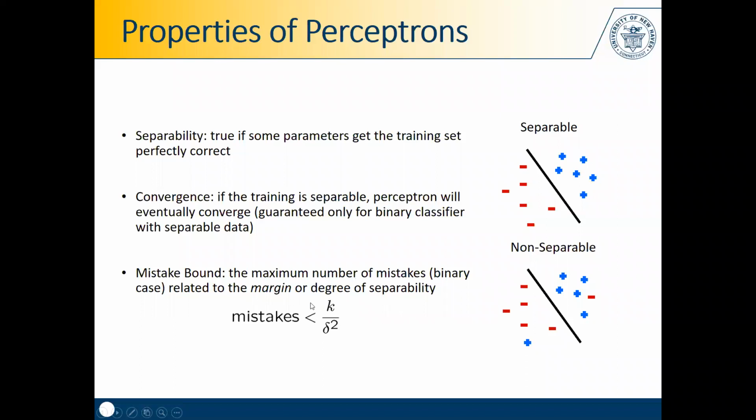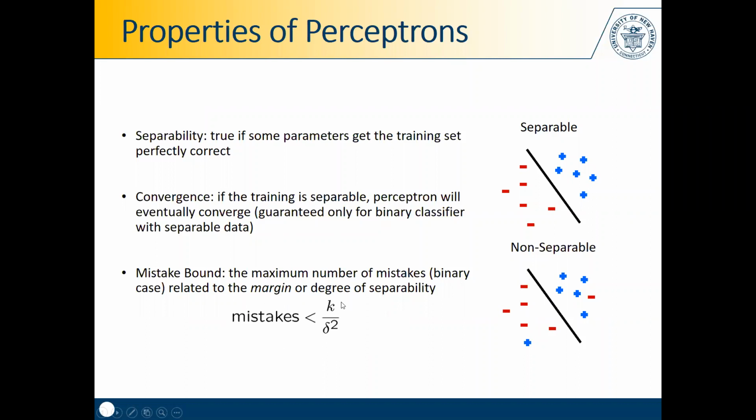It's telling us that the larger the degree of separability becomes, the smaller the number of mistakes becomes. However, if the classes are very close to each other, the decision boundary is leaving a very narrow margin for each class, then this value becomes smaller and this bound becomes larger. So more mistakes can be made.